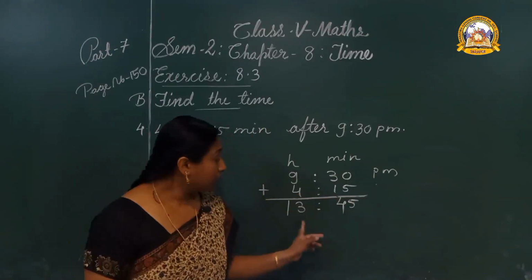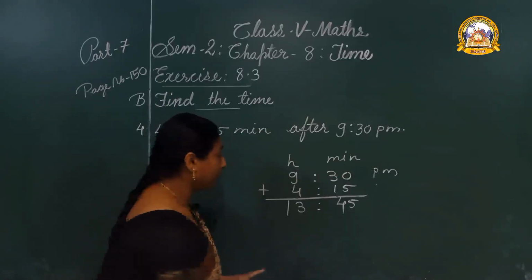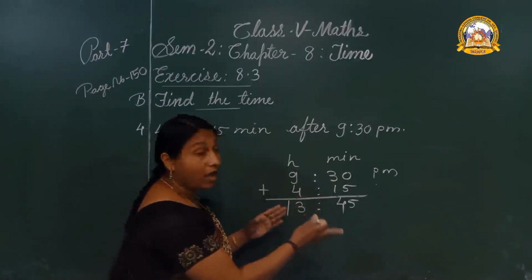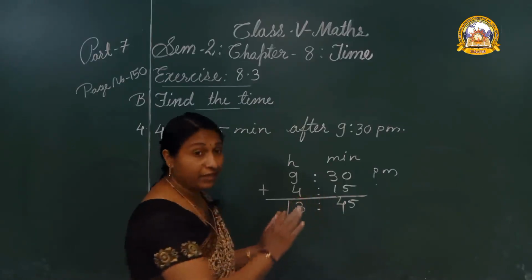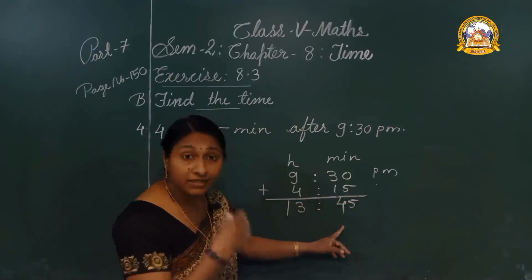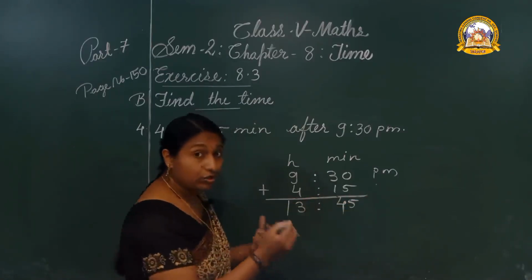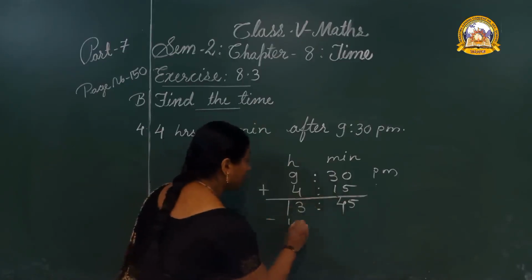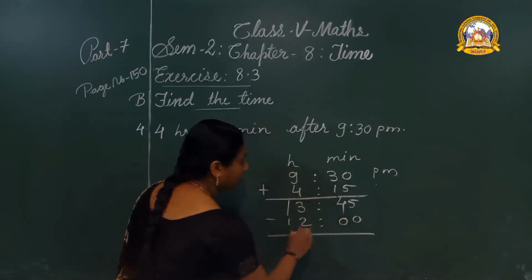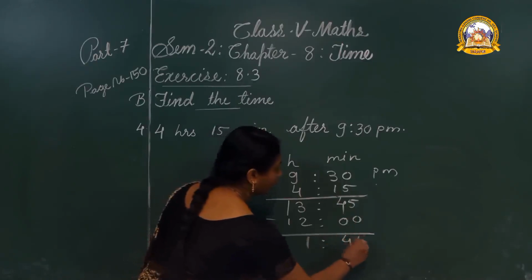Okay, here we have to convert it to 12 hours clock time. It is extra, no? Only up to 11:59 we can say PM. The extra, that will be AM. Okay, so what should we do to convert? Minus 12 hours. Then 13 minus 12, 1, and 45 minus 0, 45.